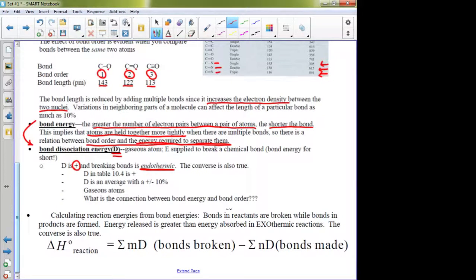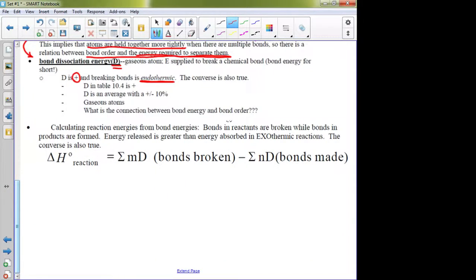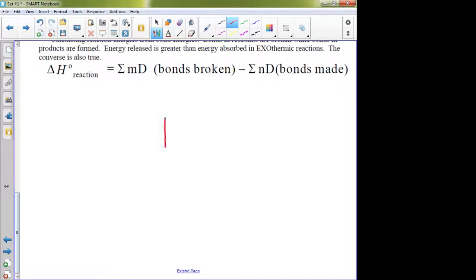That means the opposite also has to be true. When I make a new bond, energy is released, which means making a bond is what kind of process? Exothermic. And if you think about it, in pre-AP, I showed you this last year, whether you believe I did or not. Remember those graphs we did?